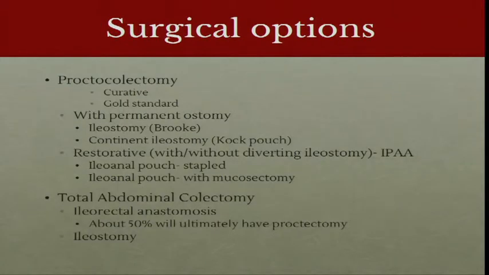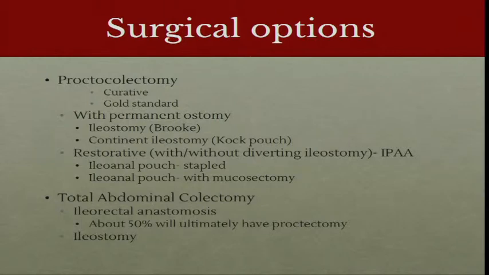So a proctocolectomy is curative, and it's the gold standard. Whether you do a restorative proctocolectomy or a diverting stoma is up to lots of factors, and it's all in conversation with the patient. If they are motivated and fairly fit, and not 70 years old, you'll talk about doing a pouch.